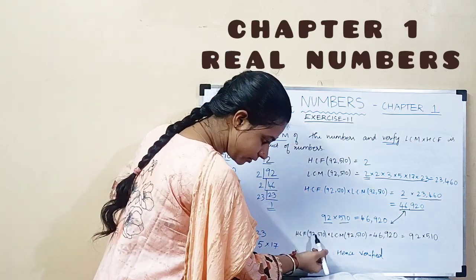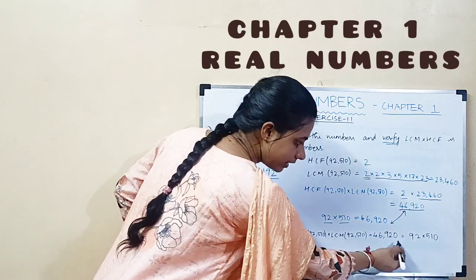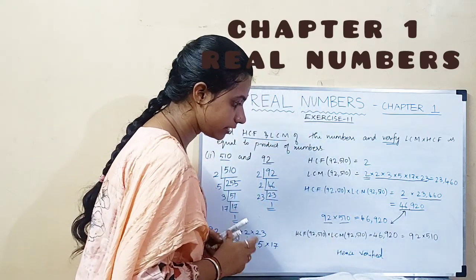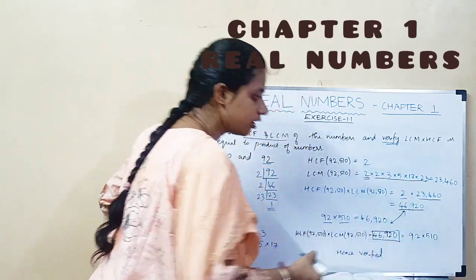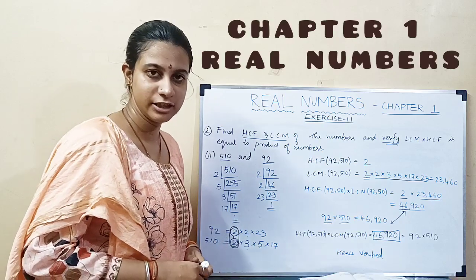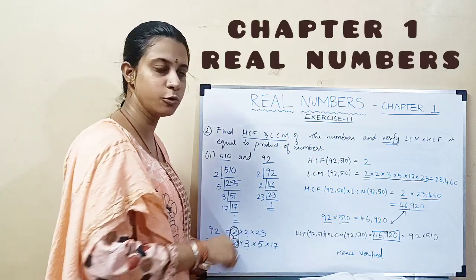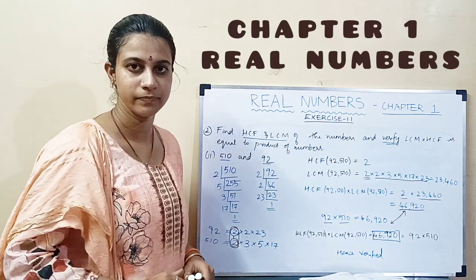HCF of the numbers 92 and 510 into LCM of 92 and 510 is equal to 46,920, which is equal to the product of the numbers. And this is the condition we are asked to verify in this question. So till this, the second subdivision is over.